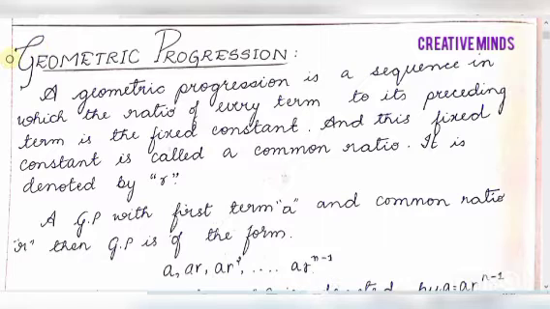In this video, I am going to explain geometric progression. A geometric progression is a sequence in which the ratio of every term to its preceding term is a fixed constant.